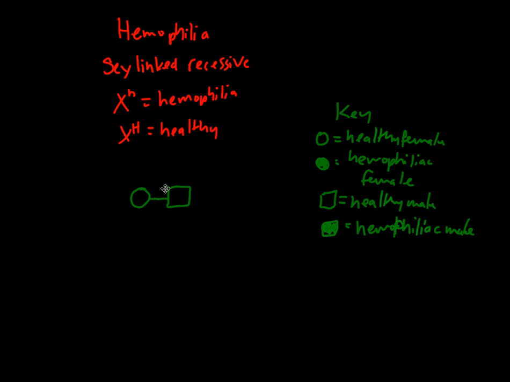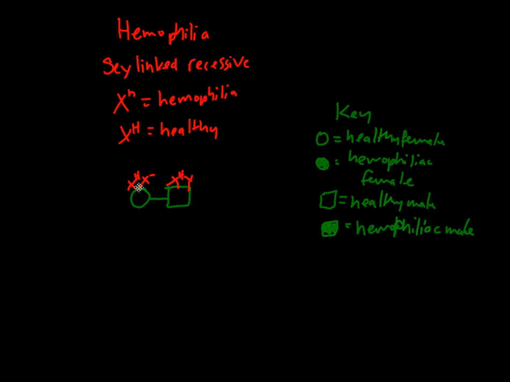All right, so the first thing I want to do is just start to fill in the genotypes. All right, and for sex-linked disorders, you really want to make sure that you're filling in the gender as well. Right, so for this male, we know that he has an X chromosome and a Y chromosome, and then since he's healthy, the allele on his X chromosome is going to be a big H. All right, and then for mom, she's going to be XX, because she's a female, and then we know she has one big H allele on one X, and then we don't really know about her second one yet.